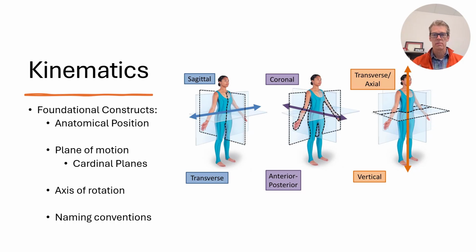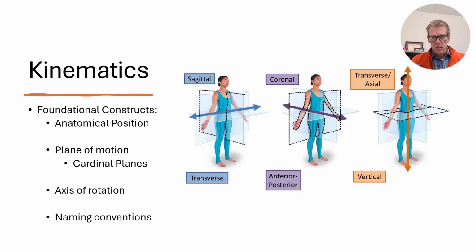It makes it easier to describe some of our motions if we can think about moving this plane left or right, superior or inferior, dorsal and caudal, those types of things.